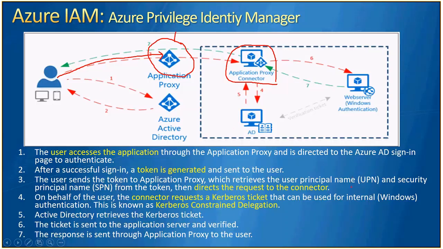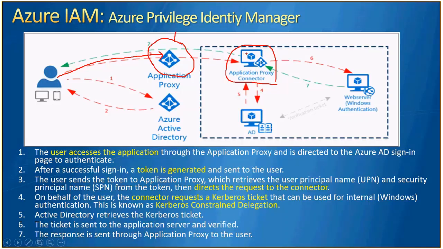It could be the user principal name or SPN, or the token which is required to authenticate you against your on-prem Active Directory. So your user presents that token, application proxy extracts the information and communicates to the connector sitting on-prem, and the connector receives it.